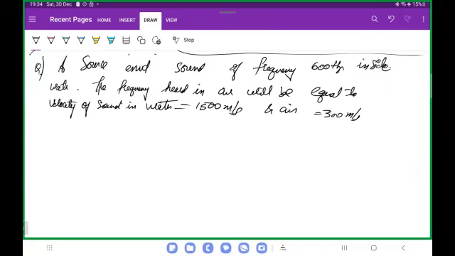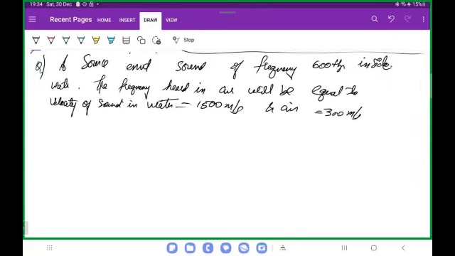They do not mention the wavelength. Okay, I'll give you 30 seconds to think, then I'll give you the answer. Think, come on.